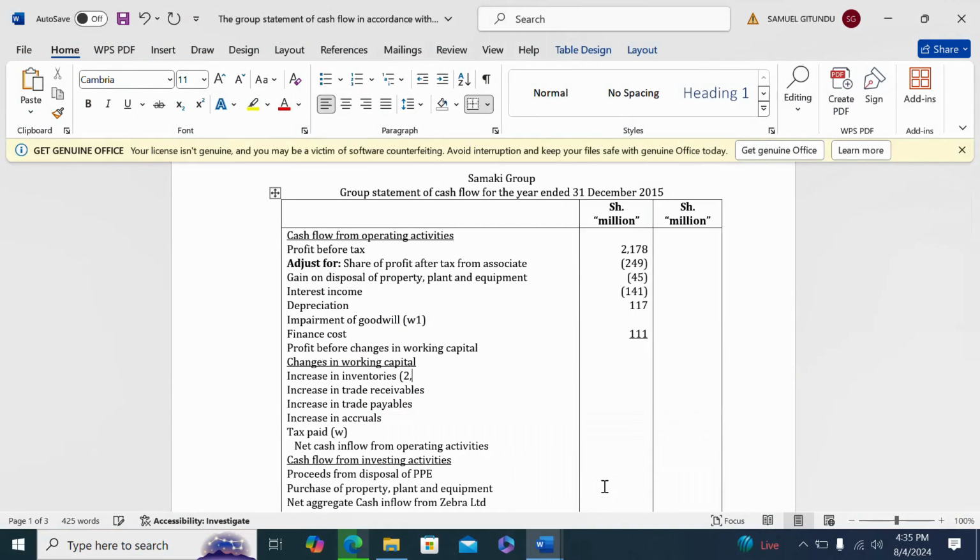So I'll take the inventories as at the end of the year. Then I deduct the inventories that came from the subsidiary, that is Zebra Limited. Then I deduct the inventory as at 31st December 2014, which you have seen. Is it 1914?